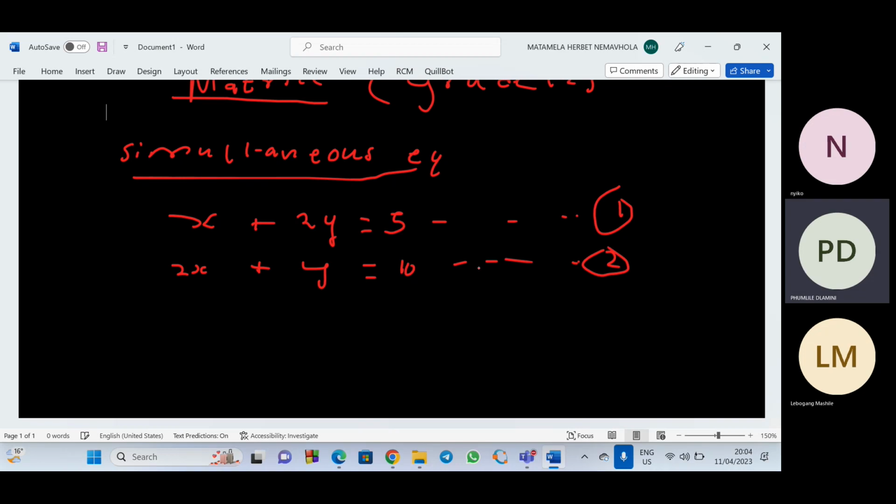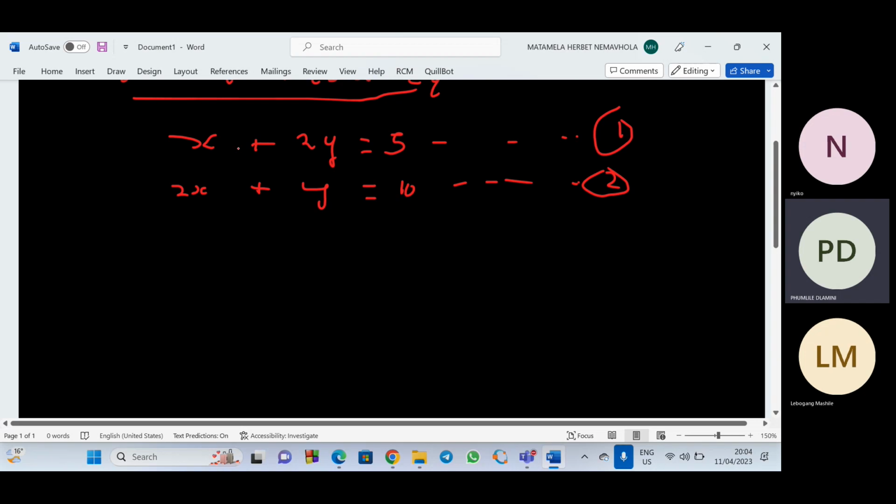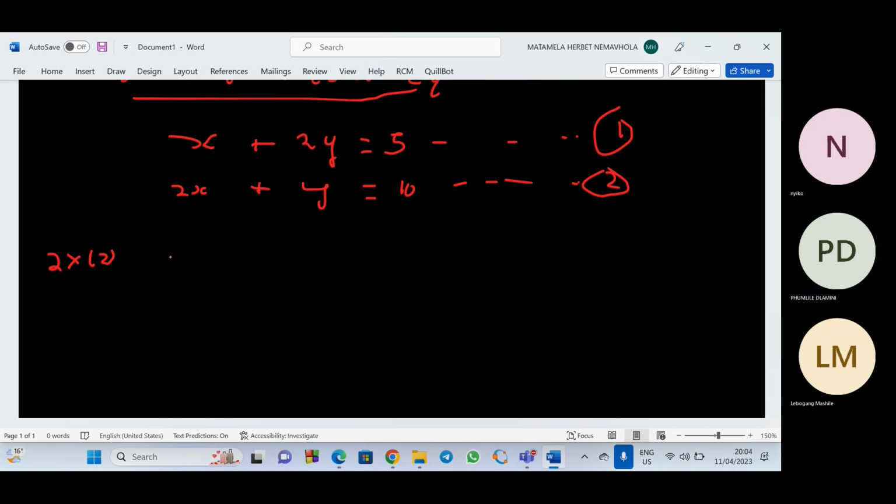When you solve this simultaneous equation, normally you will check one of the x variables, maybe x and 2x. Then you multiply equation 1 by 2. When we multiply equation 1 by 2, you will get 2x plus 4y equals 10, which you make equation 3.